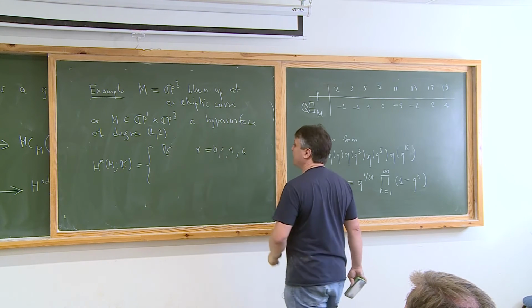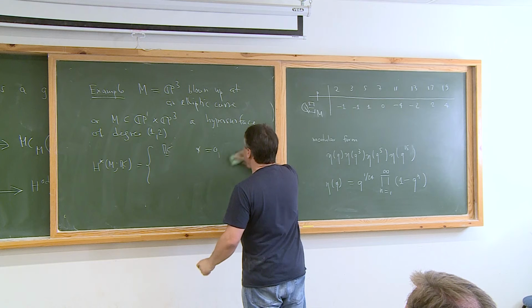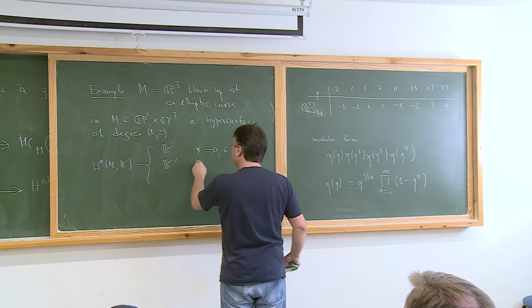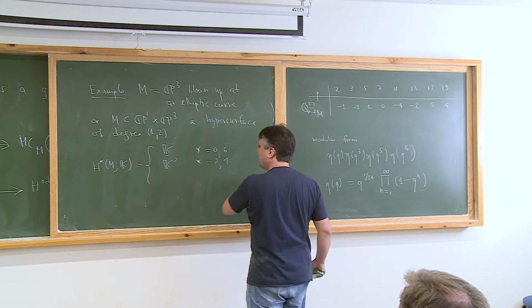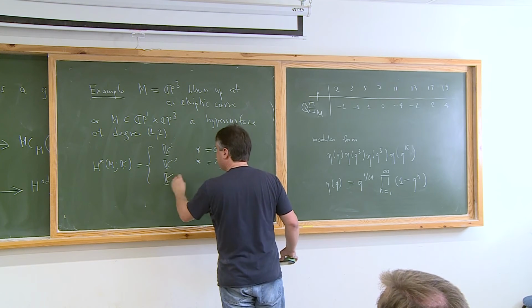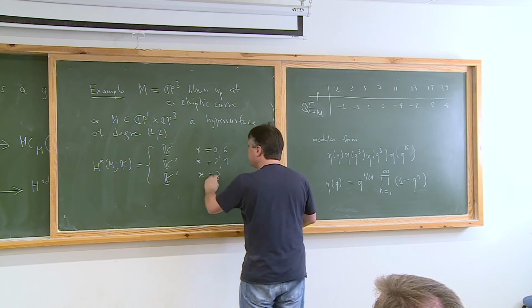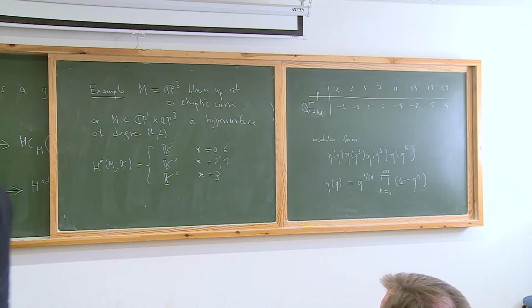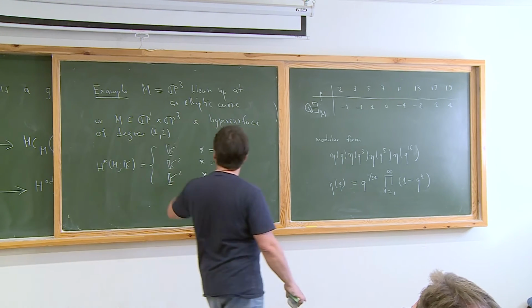It looks like the cohomology has k in degrees 0 and 6, k squared in degrees 2 and 4, and k squared in degree 3. So this piece is the odd part, topologically speaking, because you're blowing up an elliptic curve, which is a two-torus.